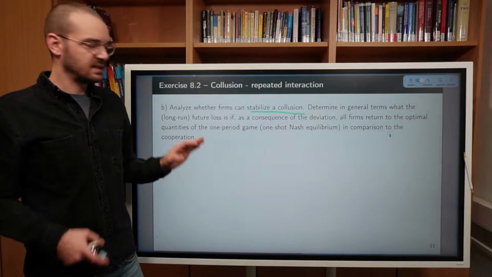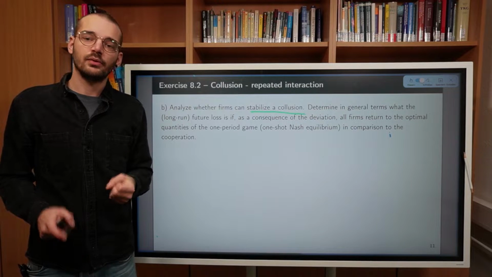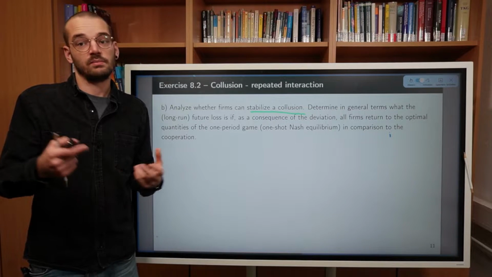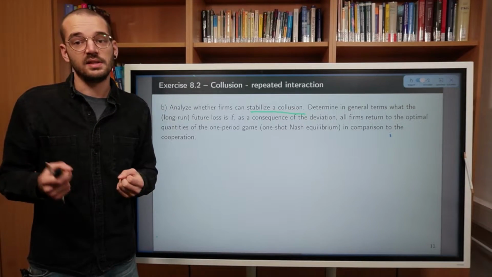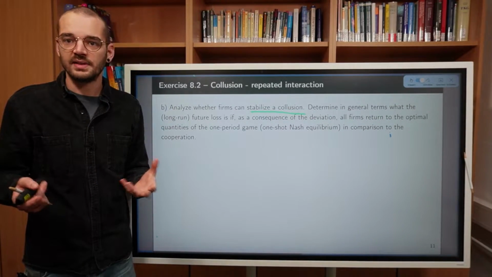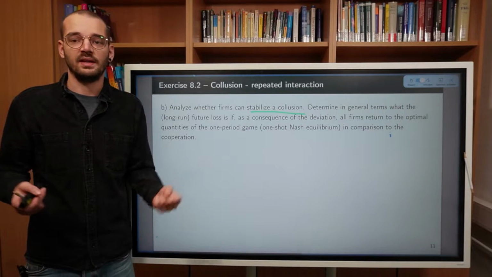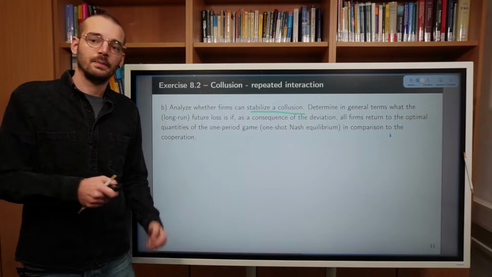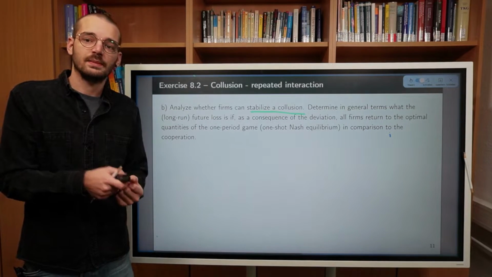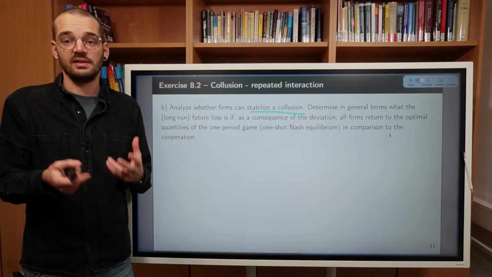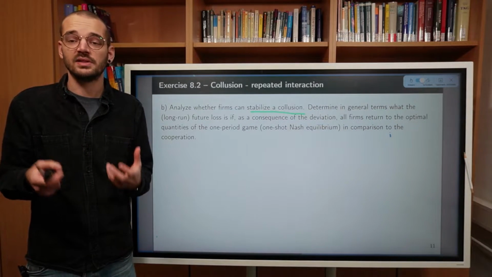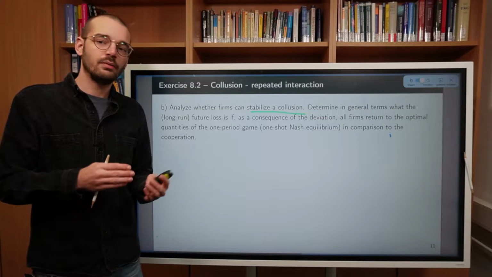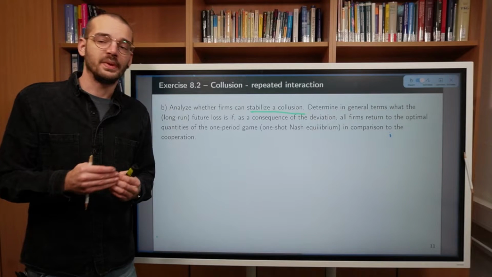What this means is, as soon as one firm deviates in some period t, then of course in this period t the deviator is making the deviator's profits pi d, all other firms are making the non-deviator's profit pi f, but in any period subsequent to this period where the deviation happened, so in any period t plus 1 until eternity, we will assume that all firms go back to competition.